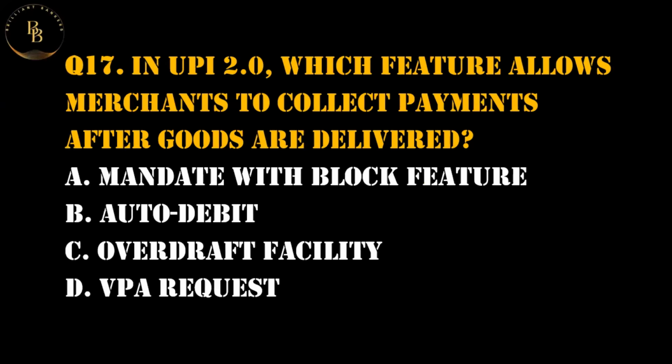So in UPI 2.0, this was introduced. That is option A, the mandate with block feature. It lets the customers authorize payment in advance while funds remain blocked until the merchant confirms. Nowadays, this is being used in the purchase of shares, that is the IPOs.